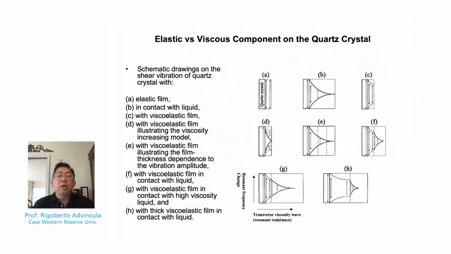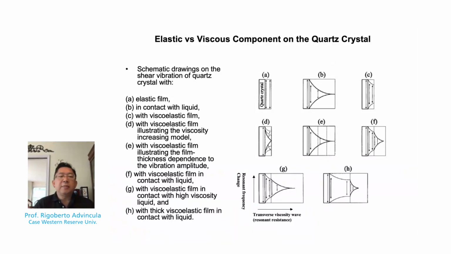So just to show this elastic versus viscous component on the quartz crystal, the schematic diagram shows the differences between the resonant frequency change and the transverse viscosity wave or resonant resistance in various conditions. So A, for example, represents a solid state, totally elastic film. B shows what happens when it's in contact with the liquid. C with a viscoelastic film.